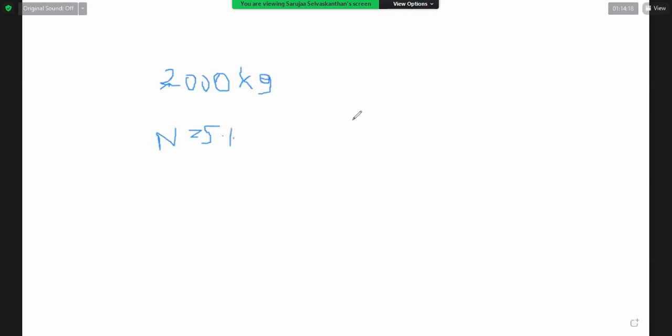So here we want to prepare 2000 kilogram, so it is multiplied by 2000.